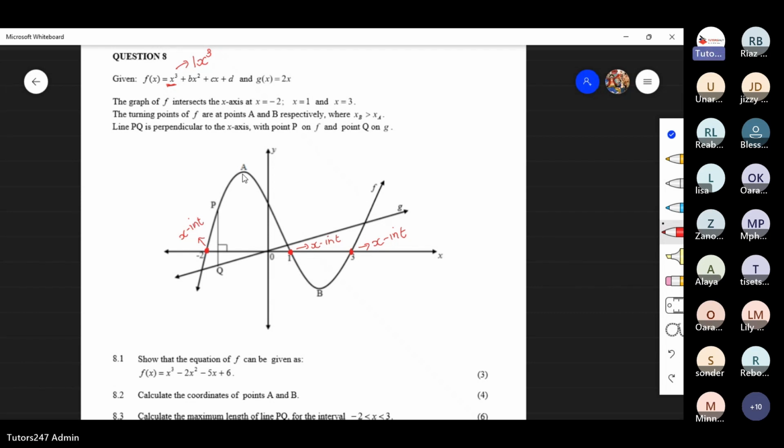So another thing that you can notice is that A is a maximum because it's higher than B, whereas B would be a local minimum. Okay.